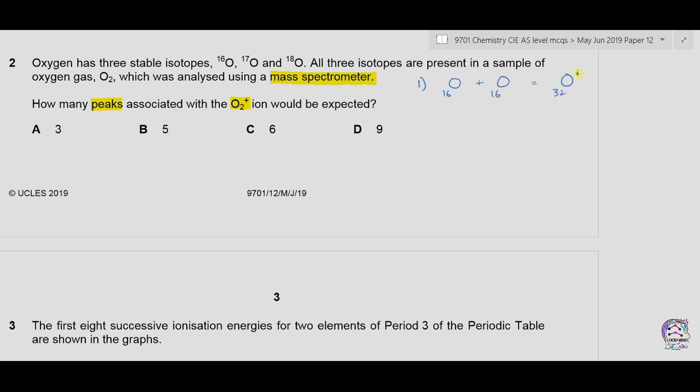oxygen 32 positive ion. Second possibility is that oxygen 16 could combine with oxygen 17 isotope to form oxygen 33 positive ion. Third possibility is that oxygen 16 isotope can combine with oxygen 18 isotope to form oxygen 34 ion.